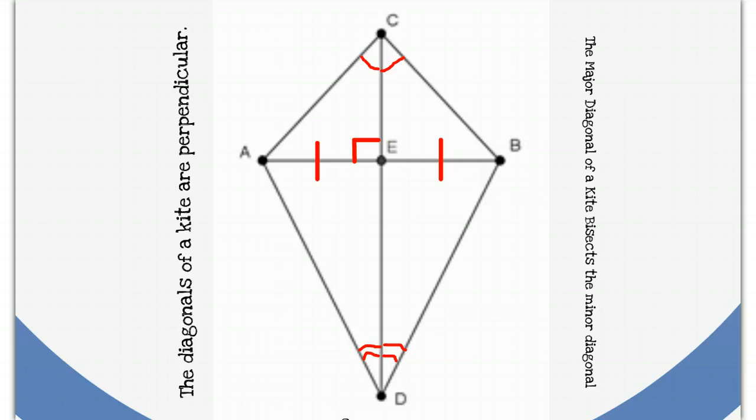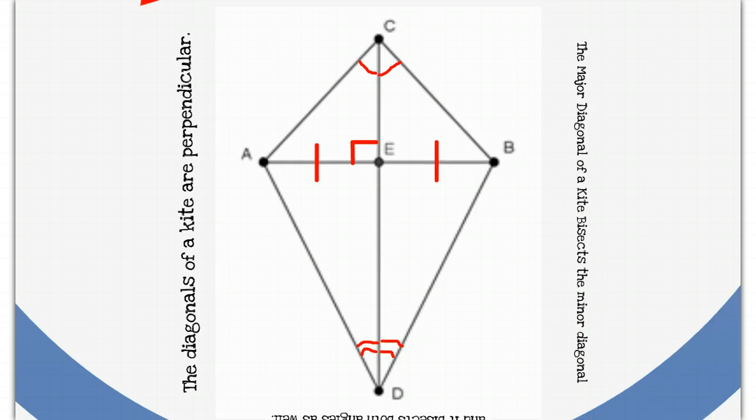It's very easy by side-side-side to show the two big triangles congruent. Then by CPCTC that shows that those two angles that I have marked on here are congruent. And then when you draw back in AB, you can show that the two sets of little triangles are congruent, and that gives you the other pieces of information. So again, start with the big triangles and then do the small triangles.